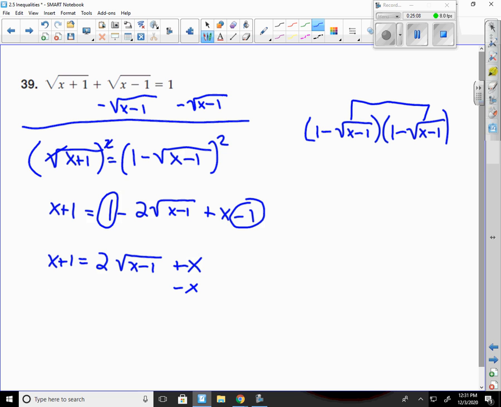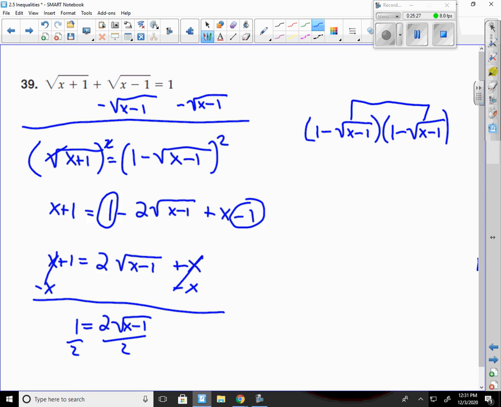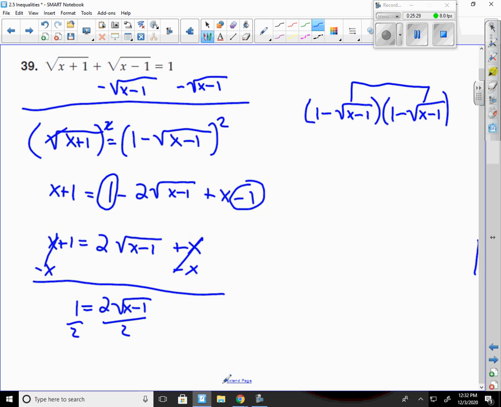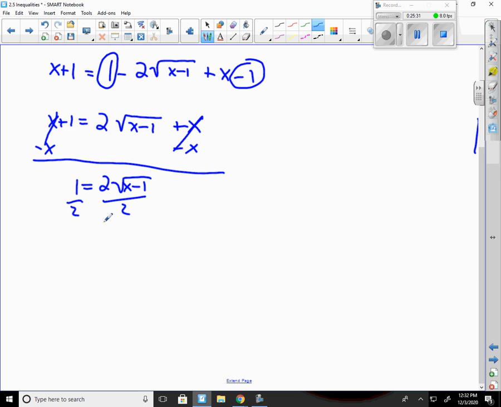I'm now trying to get this root by itself. That's 1 equals 2 times the square root of x minus 1. Divide by 2. Gives me 1/2 equals the square root of x minus 1.